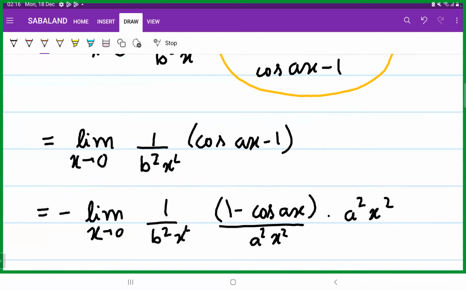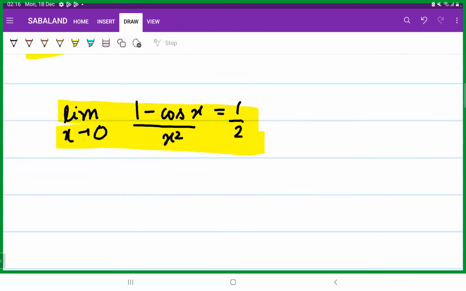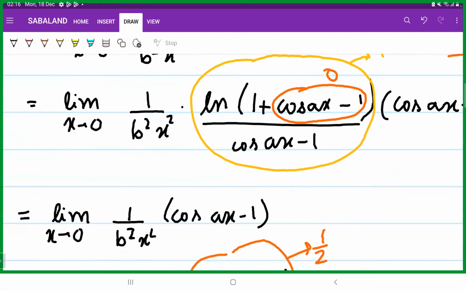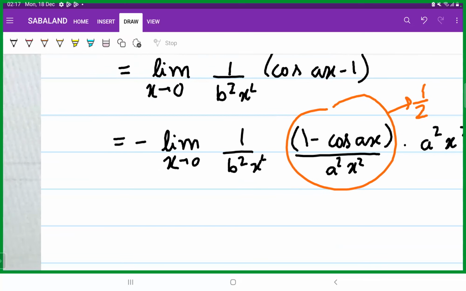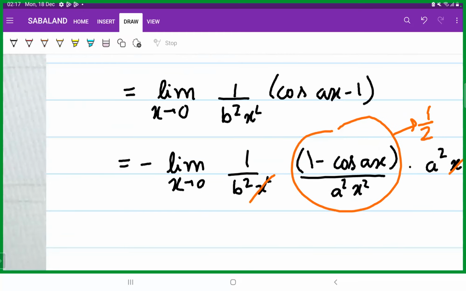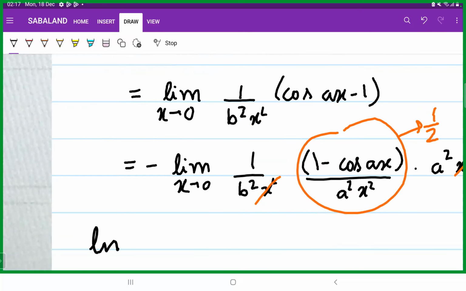So this entire thing becomes half. Why? This property. So now, as we can see, we can cancel out this x square and this x square. So the natural log of y becomes minus a square by 2b square.